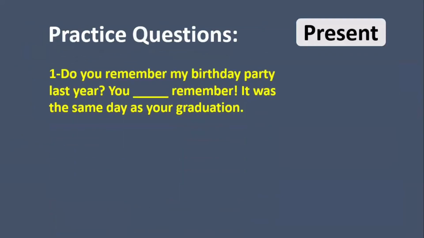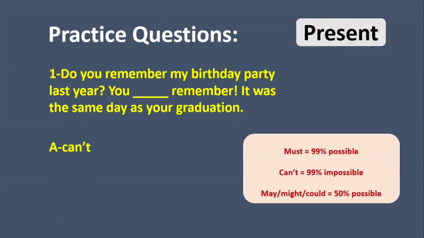Another thing. Now we are going to use practice questions to apply whatever we learned here. Do you remember my birthday party last year? You can't remember, or you could remember, or you must remember. It was the same day as your graduation.